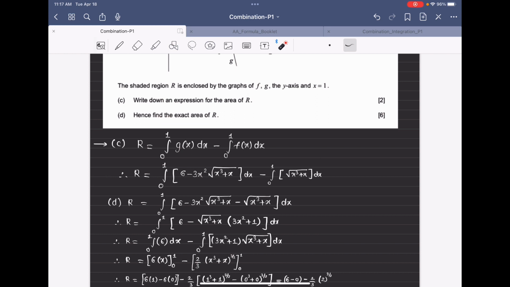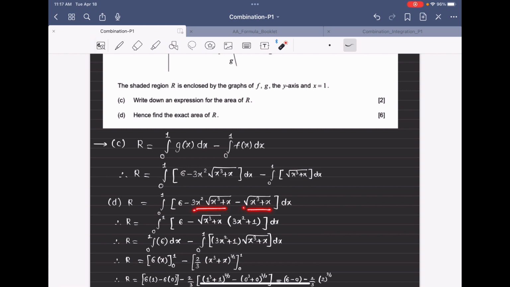So continue that. You can see the lower limit and upper limit for both integrations are the same, so combining them: in one bracket I'm writing 6 minus 3x square times root of x cube plus x, minus root of x cube plus x. So 6 as it is. From these two terms I can see root of x cube plus x is common.